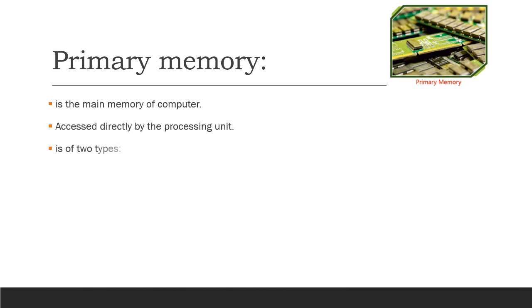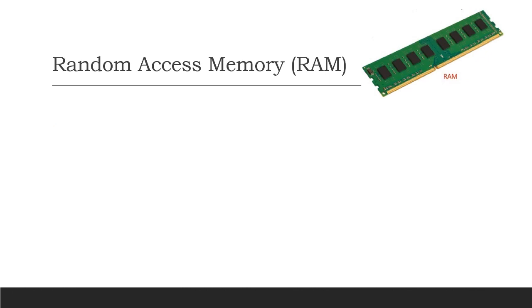It is again of two types, that is random access memory, RAM, and ROM, read only memory. So the primary memory is the main memory of a computer, accessed directly by the processing unit, and is of two types, RAM and ROM.